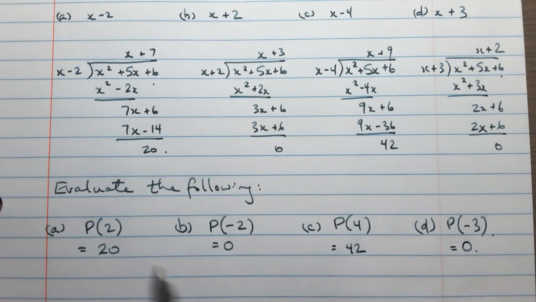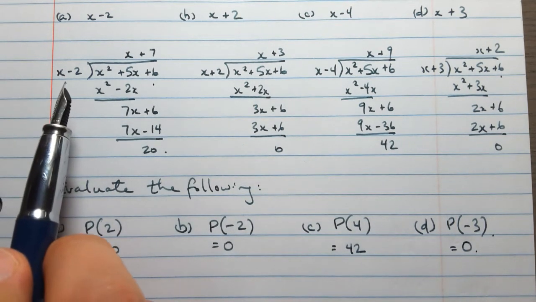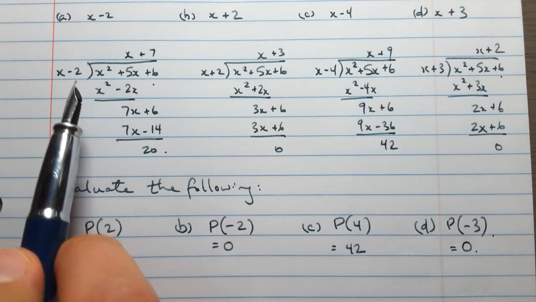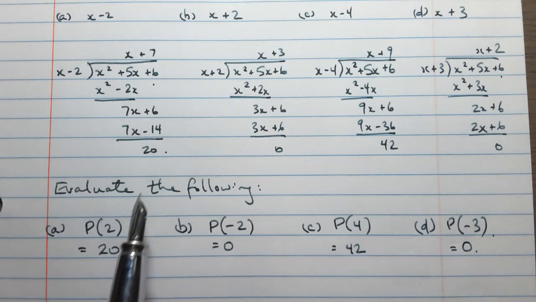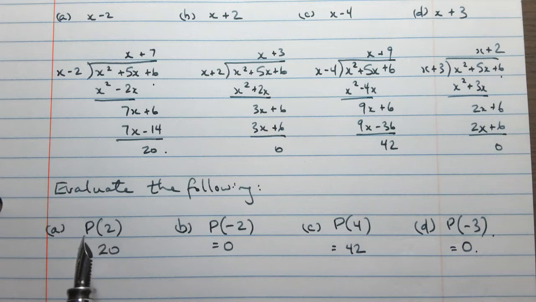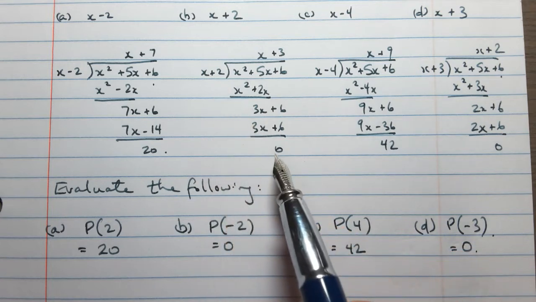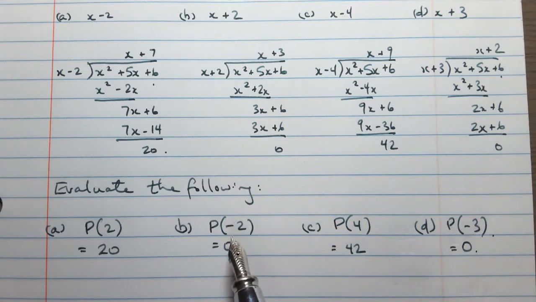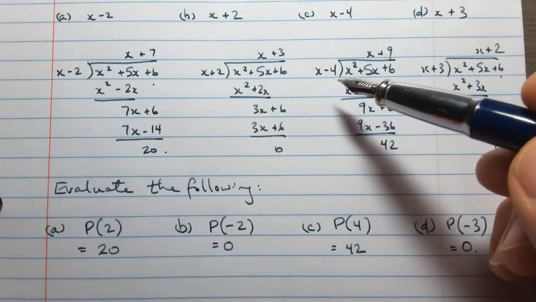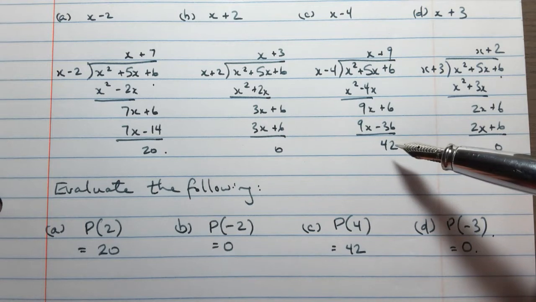So I want you to just notice that when I divided by x minus 2, the remainder is 20. When I substitute positive 2 into the polynomial, I get that same number, 20. With x plus 2, remainder was 0. Substitute negative 2, and we get 0. Continuing along, x minus 4 gave a remainder of 42.